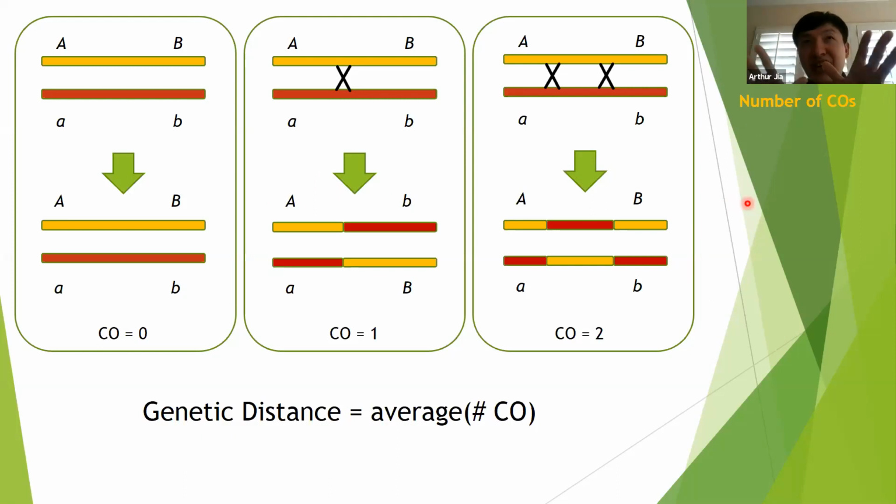If you do a test cross, you're going to generate a lot of progeny, and each progeny represents a single meiosis event. If you look at the genotype or the phenotypes of each progeny, you're going to see something like this. The first one is one progeny.